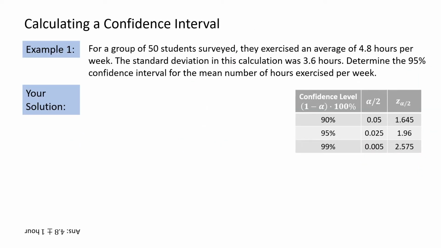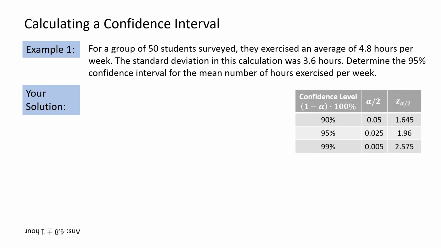Okay, so let's look at our first example. I have 3 examples I'm going to cover specifically on confidence intervals. I'm going to use the same set of data, but tweak one of these values, and I want to show you how the confidence interval, specifically the error, changes.